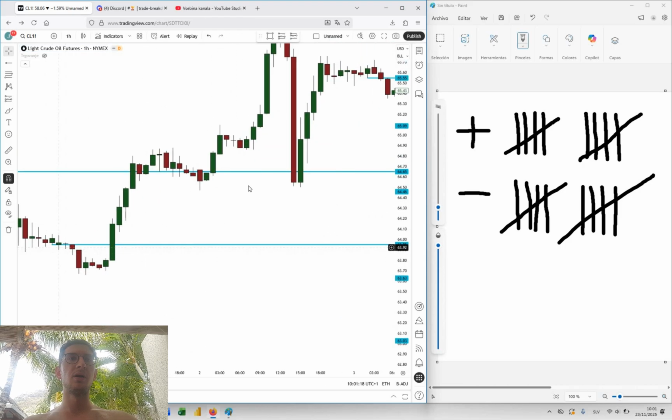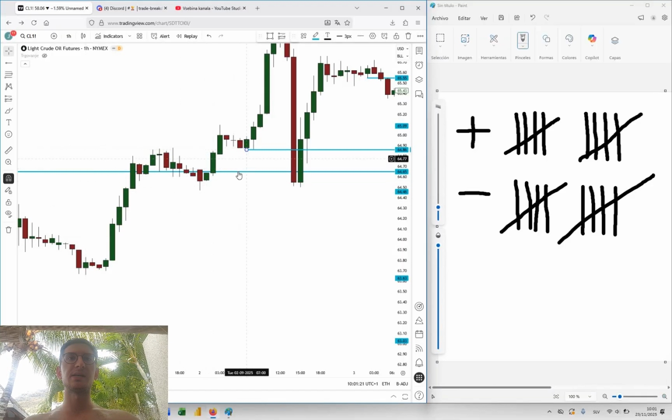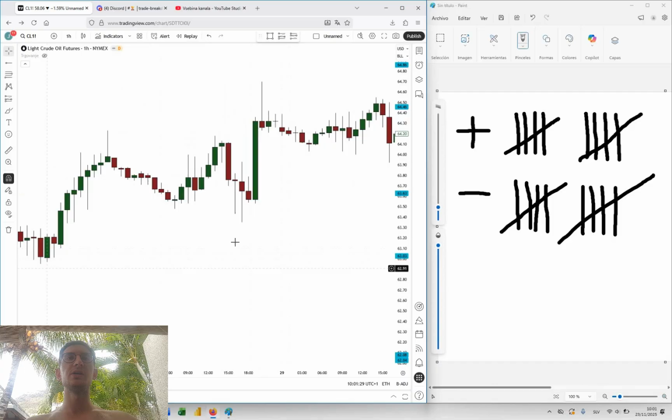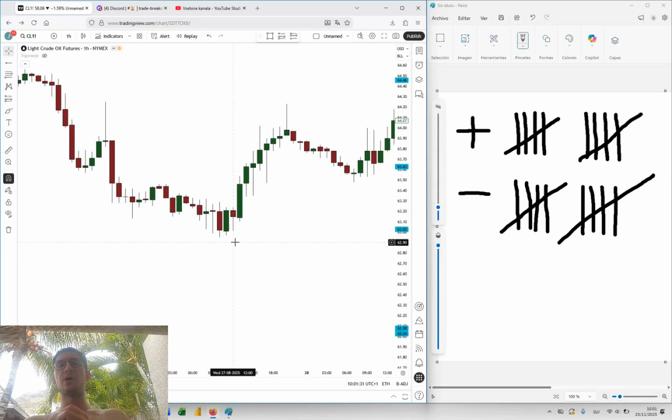Or here in this case, we broke structure, but the price is still going up and down. So even though we break structure, we have to wait for additional confirmation that the trend is going in the direction that we want.